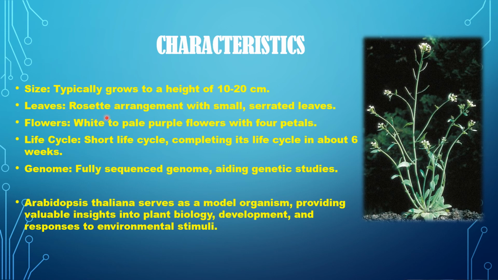Leaves: rosette arrangement with small serrated leaves. Flowers: the color of these flowers is white to pale purple, with 4 petals. Life cycle: short life cycle, completing its life cycle in about 6 weeks, so it has a very short lifespan.